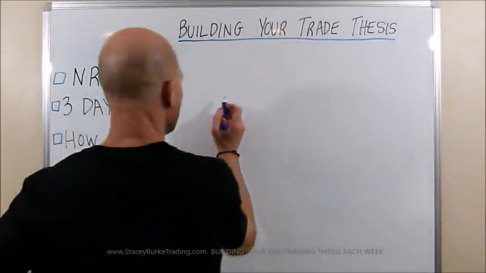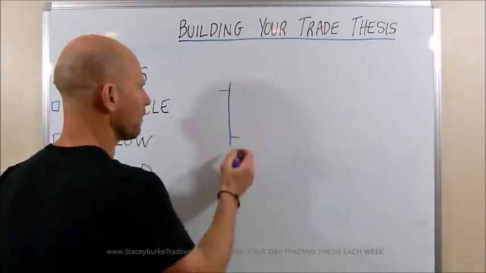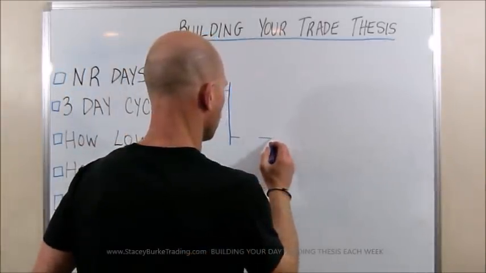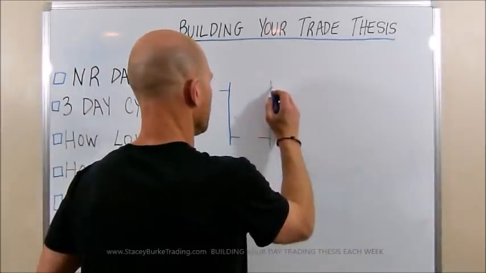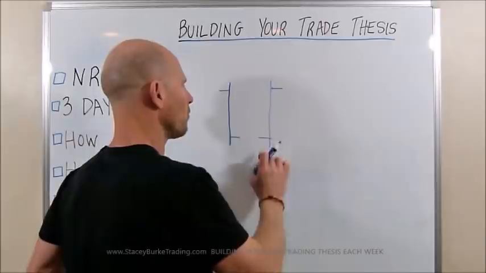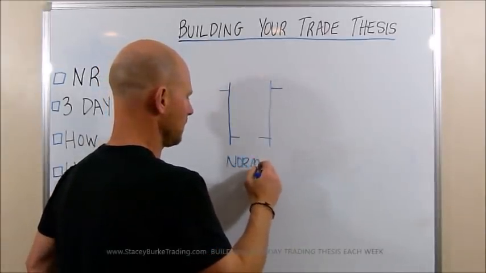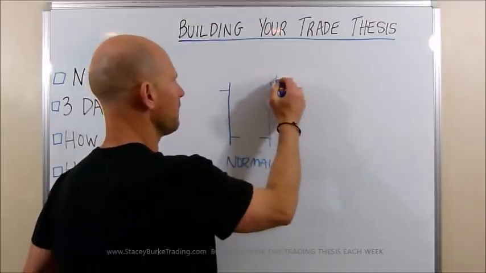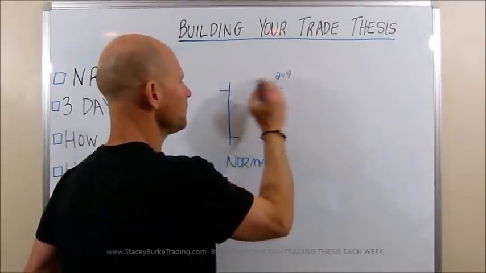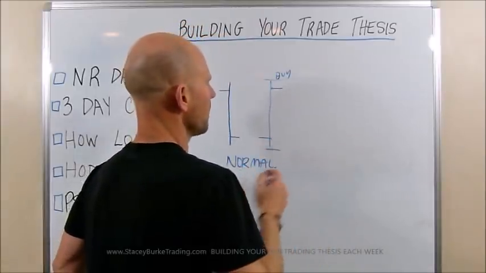So these narrow range days, if you think about a market that opens up high and closes down low, or opens up and closes up high, these are normal days, okay? Normal days. But if you're buying up here on a daily chart, your stop might be down here.